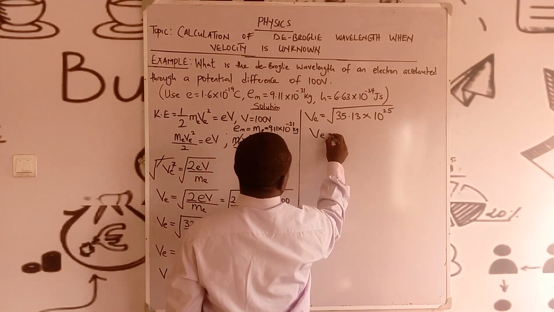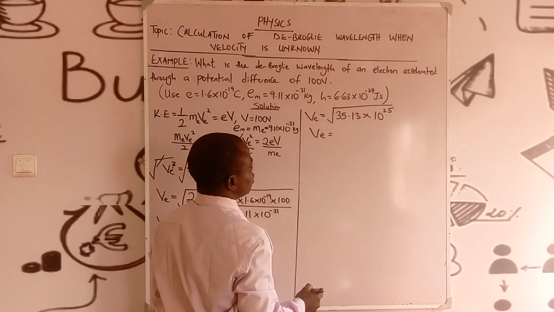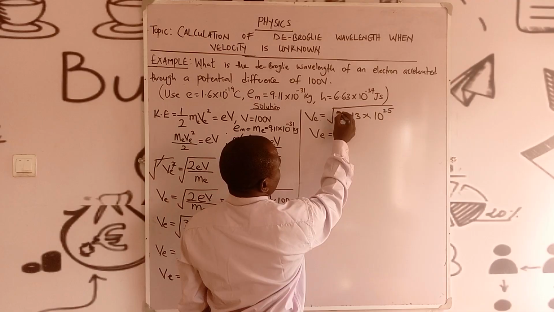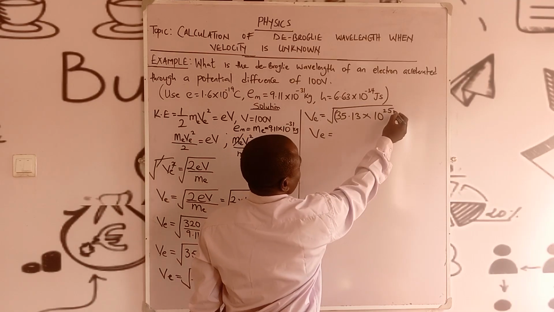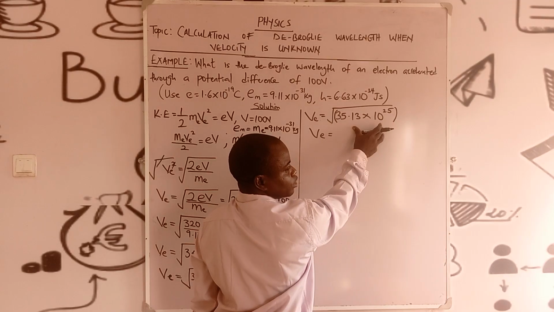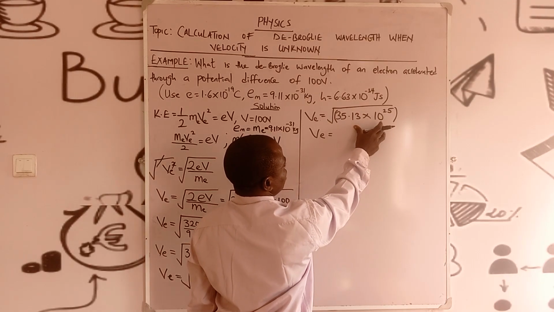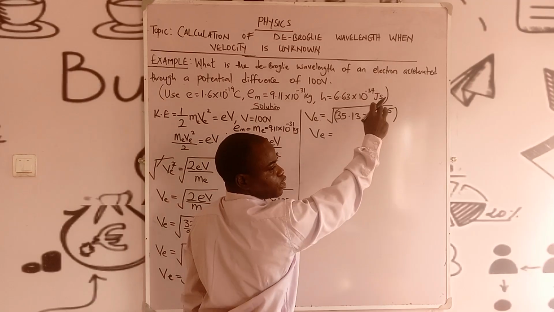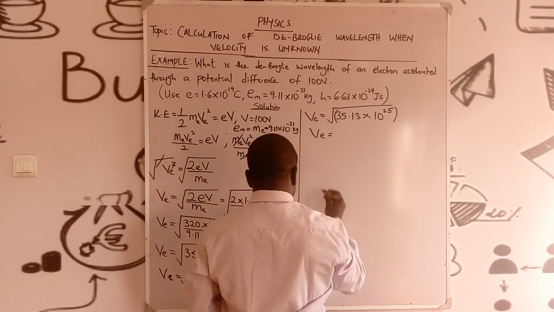When you find the square root of this by pressing your calculator, please put brackets so that the square root can take over every value. Open bracket, put the value inside, close it, and apply the square root.